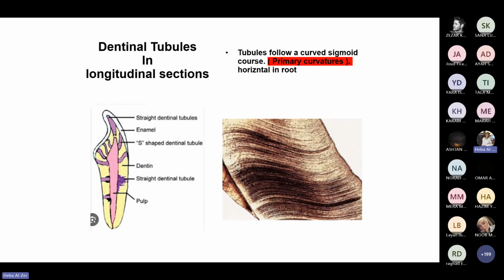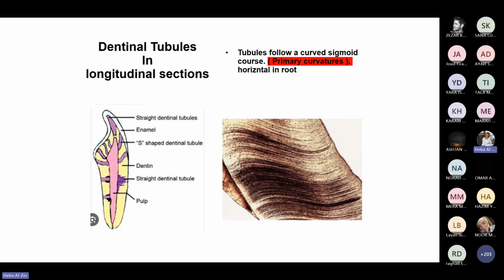If we take a longitudinal section of the tooth, we will see that in the crown, these tubules go in an S shape, as you can see here. But under the cusps or incisal edge, they are vertical, and in the root, they are horizontal. This is a longitudinal section of the dentine, showing this beautiful S shape of the tubules.